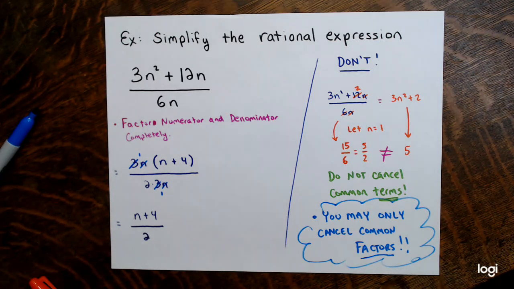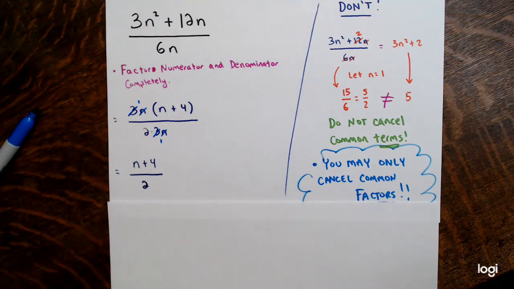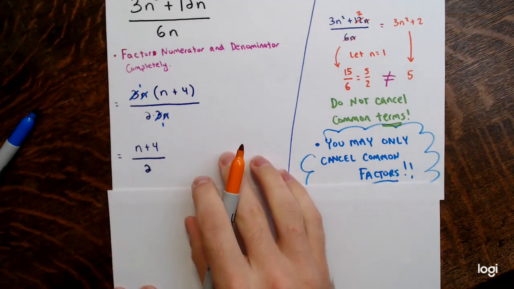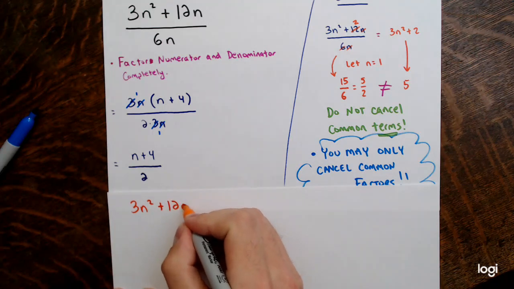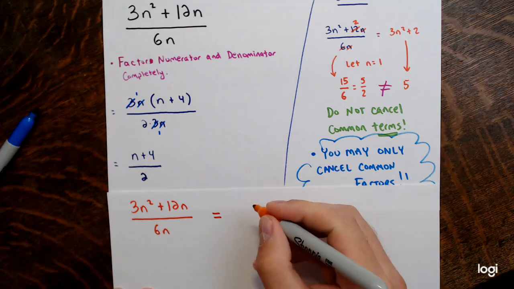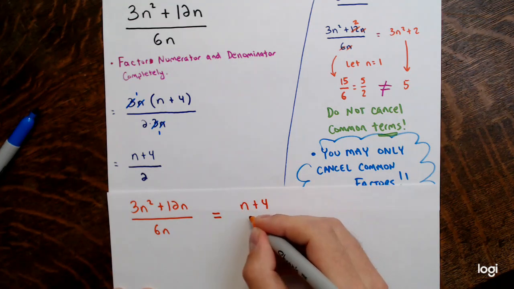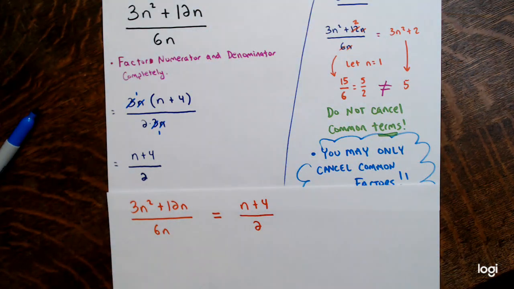Now, one thing I have to point out. Remember, I said this earlier, that two expressions are only equal if they're always the same value, whatever you plug in. Stating this, we started off with 3n squared plus 12n over 6n, and we're saying that that's equal to n plus 4 all over 2, based on the previous page.